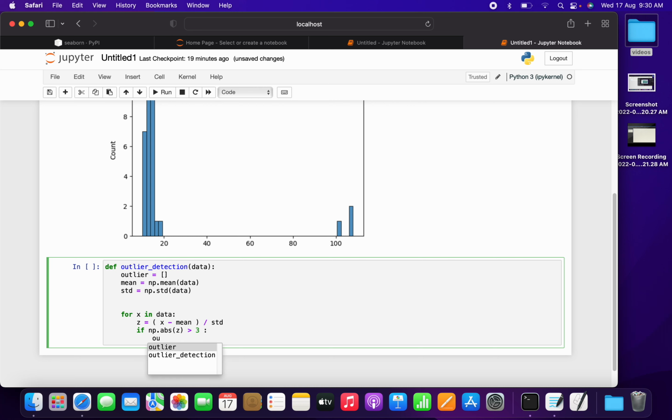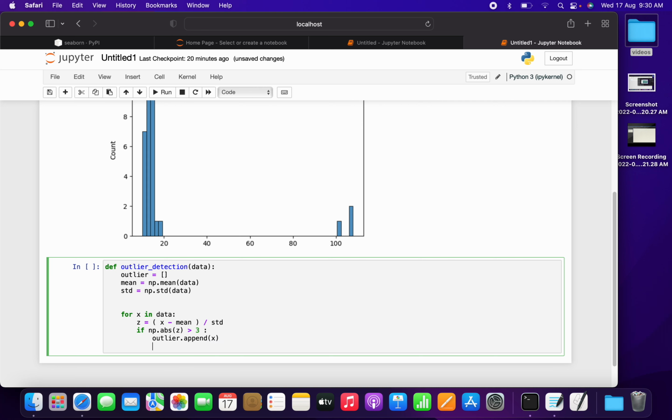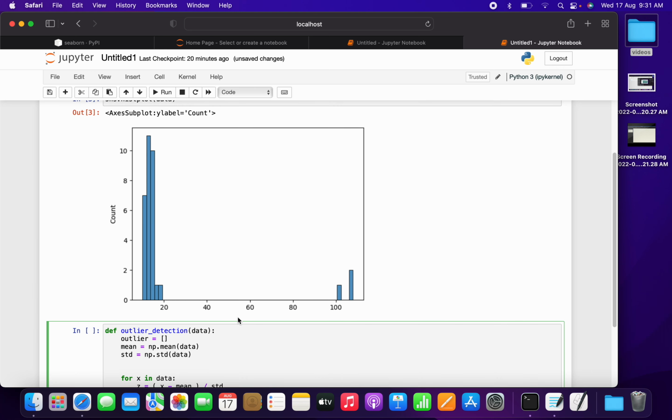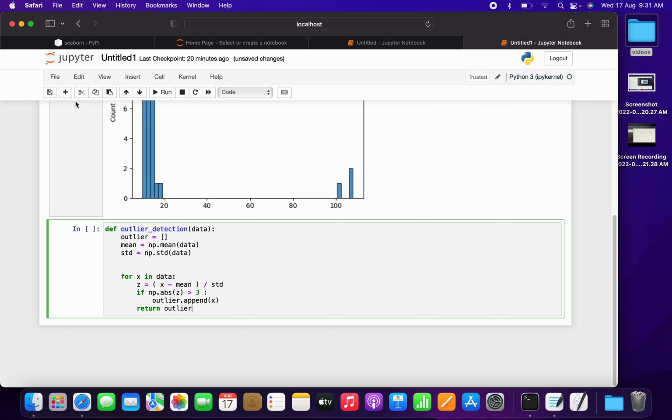Then we append it to the list. At the end we return the outliers. Very simple code, less than 10 lines.